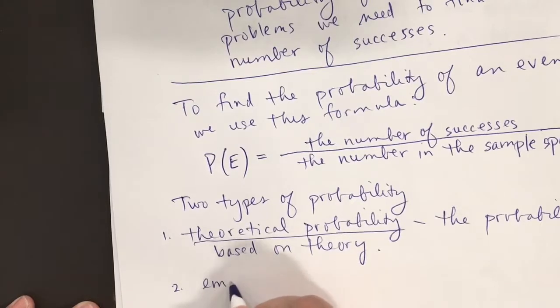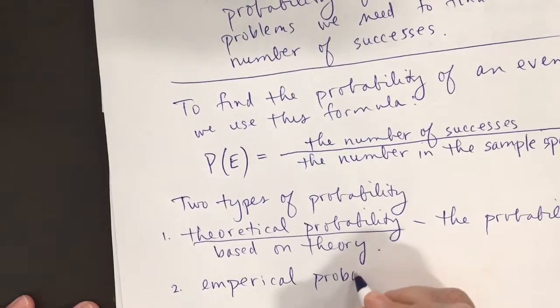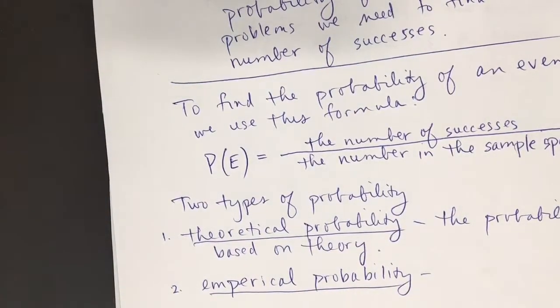The other one is empirical probability. Empirical probability would be the probability based on a survey or an experiment.